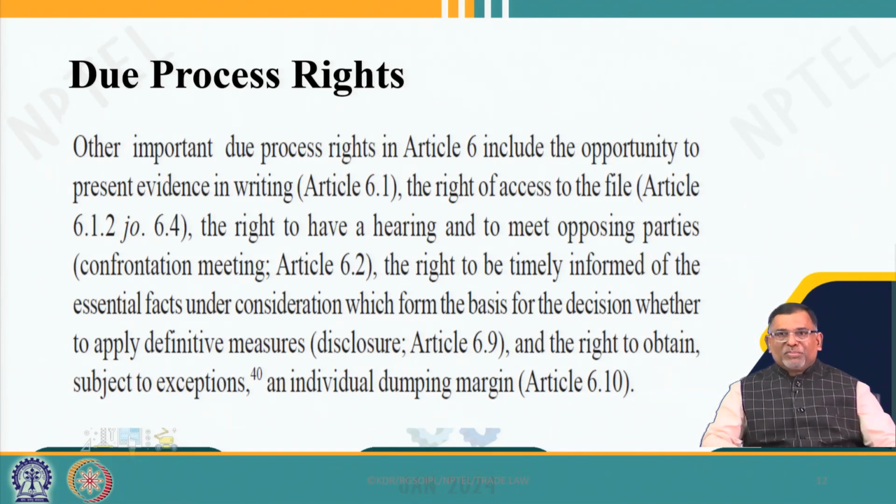So, the evidence is submitted to the investigating authorities. You cannot have secret dealings. The respondent must have access to the files and a right of hearing, and even to meet the opposite parties, which is known as a confrontation meeting.